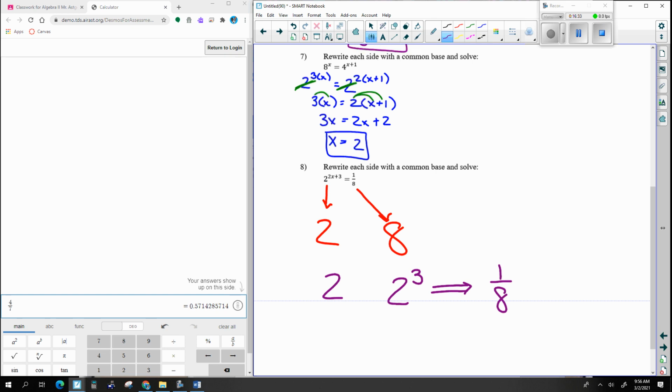Well, that would have to be a -3, because a negative moves it. If it's a top, it becomes a bottom, and a bottom becomes a top. So 2 to the third, yes, is the number 8. But if it's a negative, it's still the number 8, but it becomes a bottom 8.